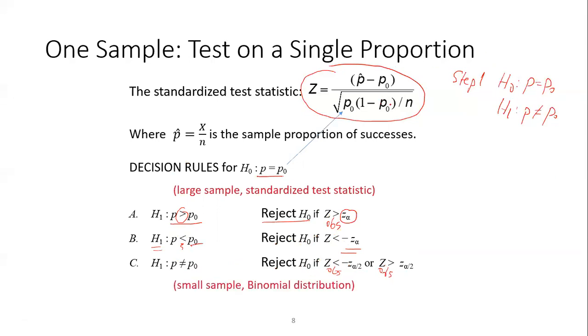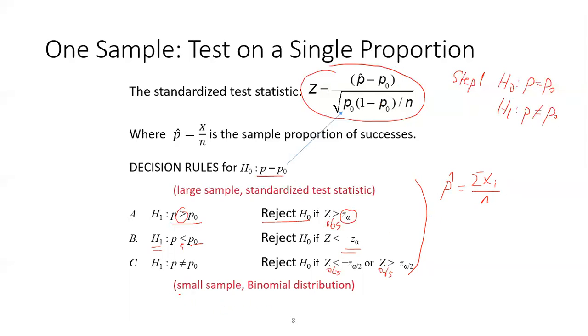This is applicable, but it is an approximation, because p hat is equal to the sum of xi over n, a sample mean, which can be approximated using the central limit theorem. Especially for a large number of samples, this is very useful.